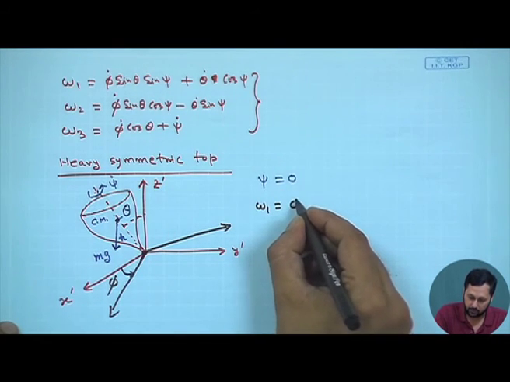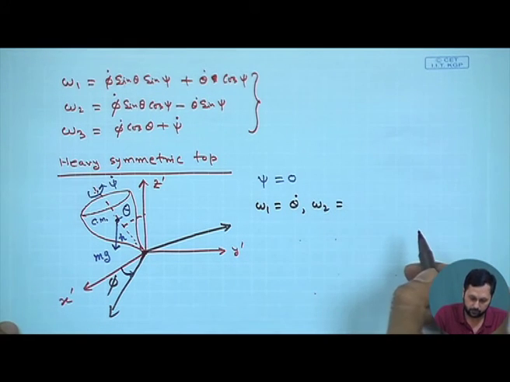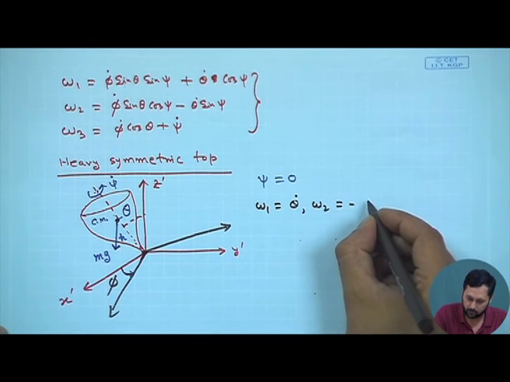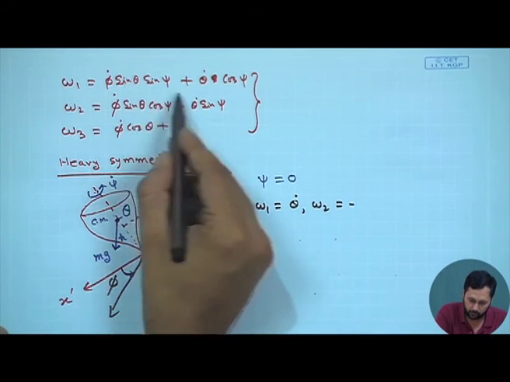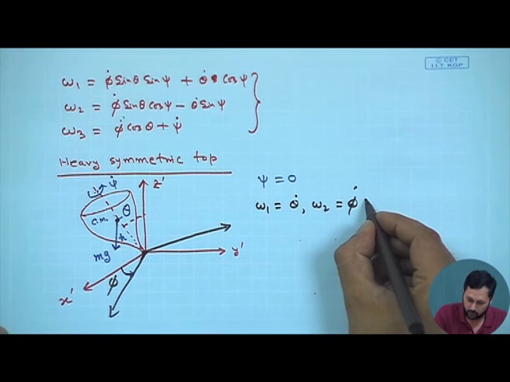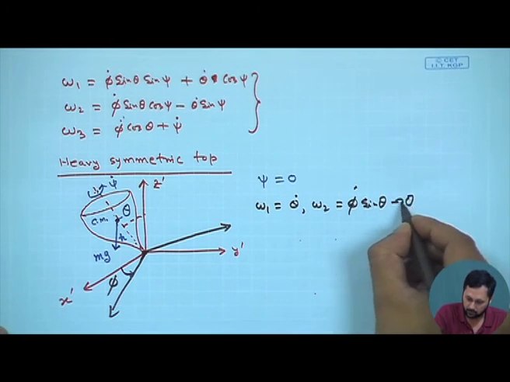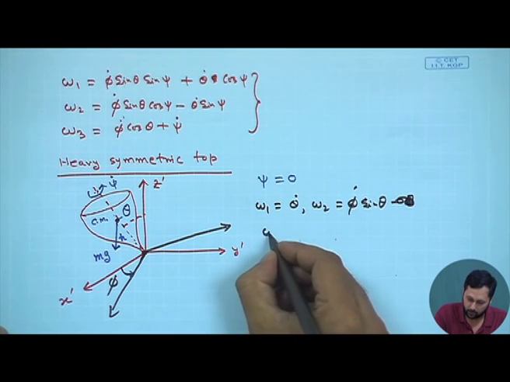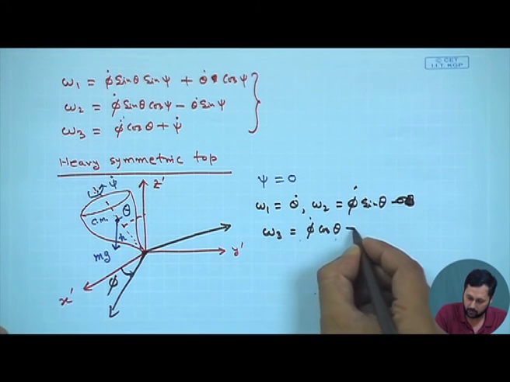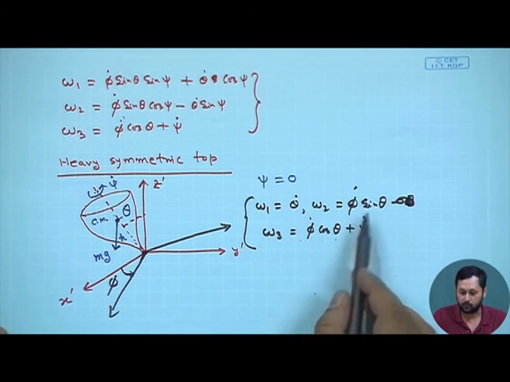Omega 2 will be phi dot sin theta, and omega 3 will be phi dot cos theta plus psi dot. So, these will be my values of omega 1, omega 2 and omega 3.